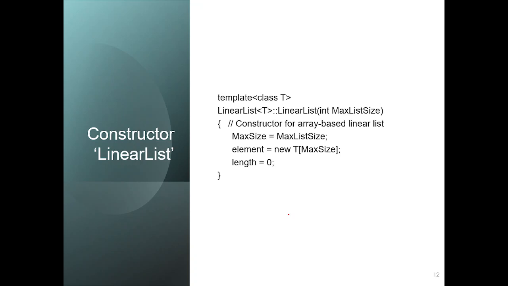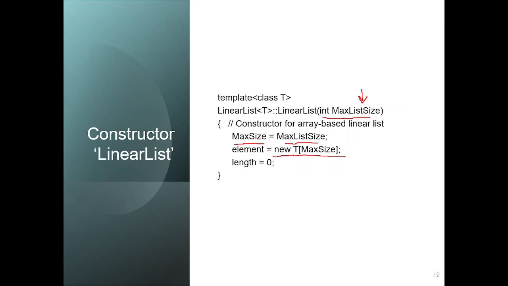So this is the constructor for the array-based linear list. This is the maximum list size that is provided as an argument. We set the attribute maximum size to maximum list size, and then we create the array on the heap.